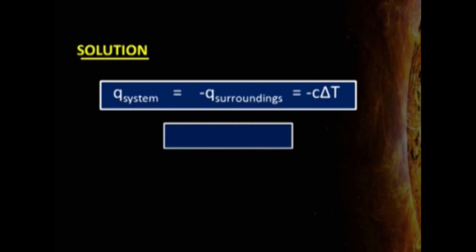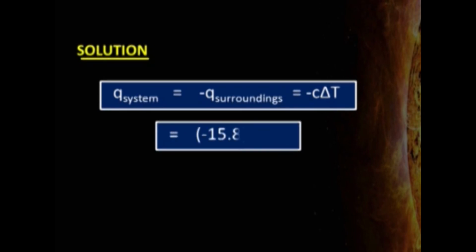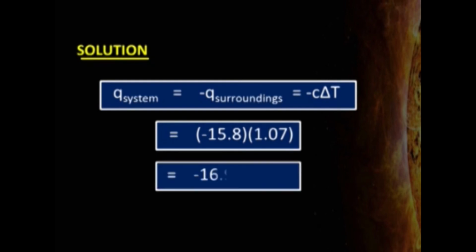Q of system will be equal to minus Q of surroundings. This will be equal to minus C multiplied by delta T, where C is the overall heat capacity of the calorimeter. This will be equal to minus 15.8 multiplied by 1.07, equal to minus 16.9 kilojoules.